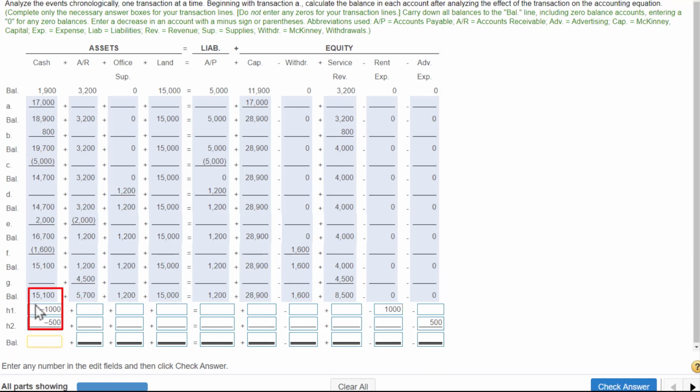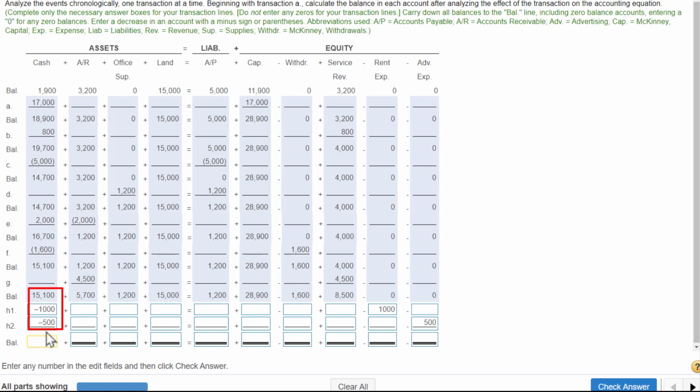So now our math gets a little more complicated. We take the last balance, we subtract 1,000, subtract 500 more, and we get a final balance of 13,600. This time I will put the comma in there just so it's easier for you to read. AR, 5,700 plus 0 is 5,700.